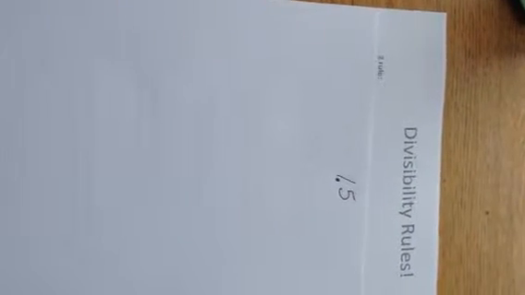Okay, so we just want to go over the rules of divisibility. The first one we did was the 2 rule. The 2 rule is pretty straightforward. It's whether or not the number is even. In order to be divisible by 2, the number must be even, and that means that it has to end in a 0, a 2, a 4, 6, or an 8.